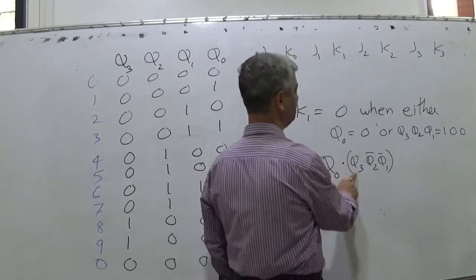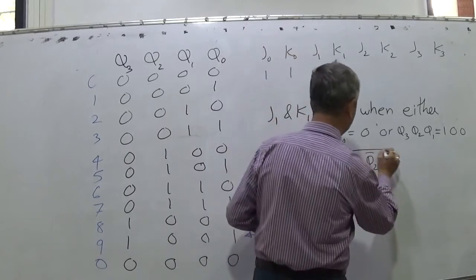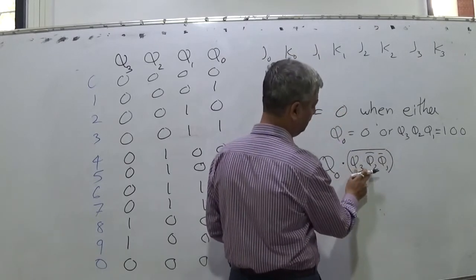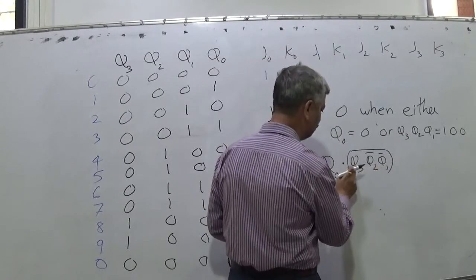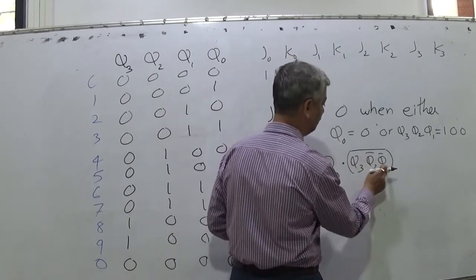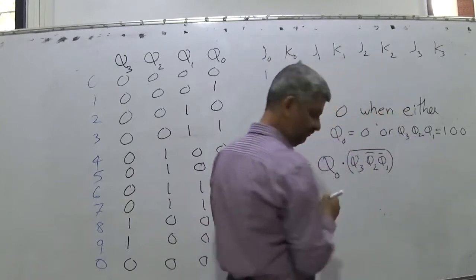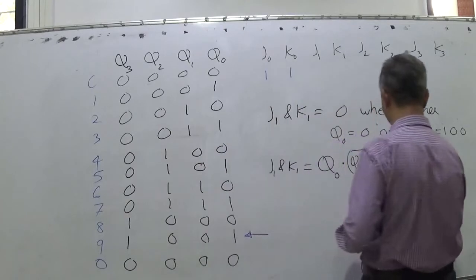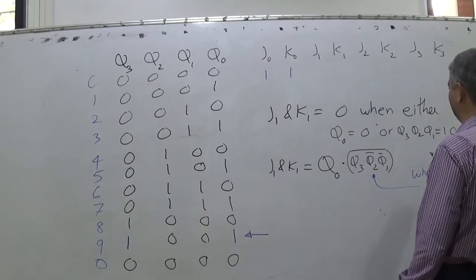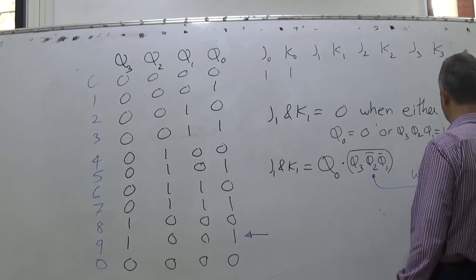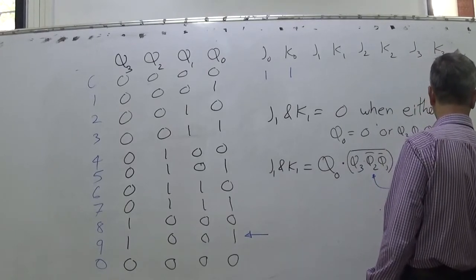When Q3 is 1, Q2 is 0 and Q1 is 0, Q3 dot Q2 bar dot Q1 bar is 1, and its bar is 0. This becomes 0 when Q3, Q2, Q1 are 1 0 0.